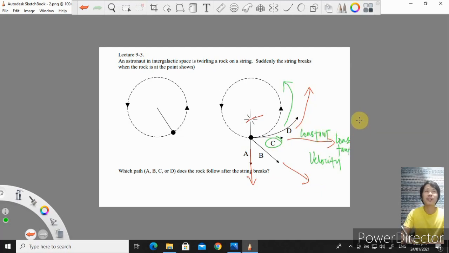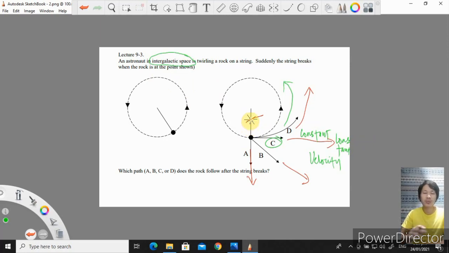Because of the condition. What is the condition here? In outer space, intergalactic space. So of course we already know there is no friction there, because it's outer space. So no drag, no air resistance, no gravity. In outer space, of course, there are no net external forces.